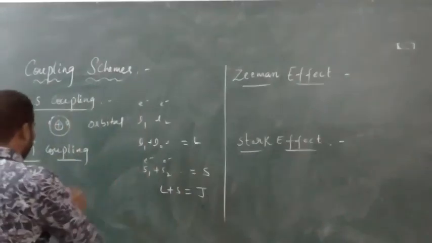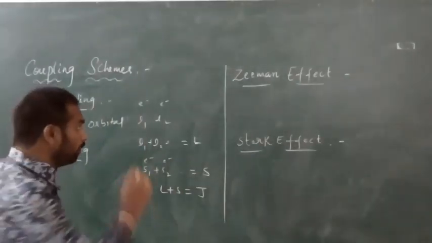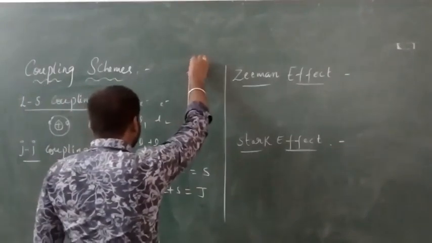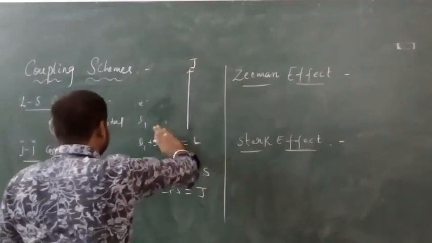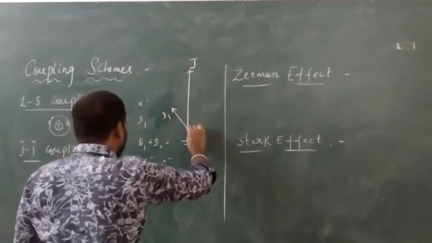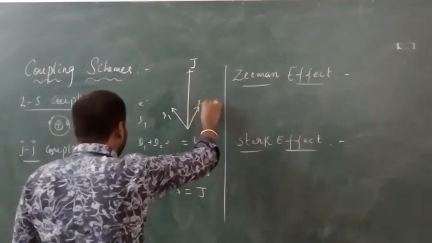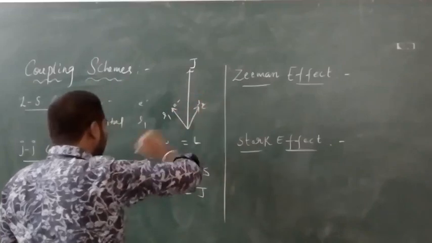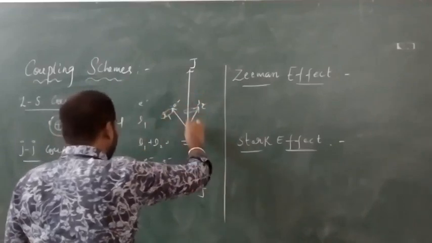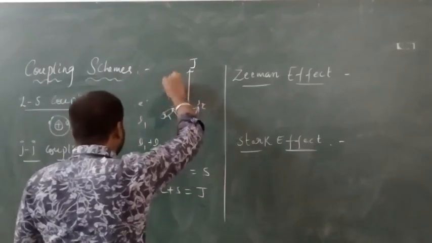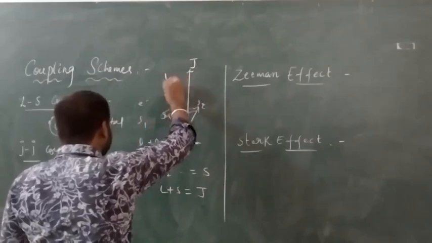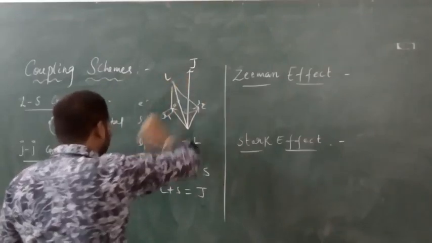So, in general, we can show the diagram like this. This is the total angular momentum, in which if you take L1 and L2, the orbital angular momenta, the resultant L will be like this of these two.